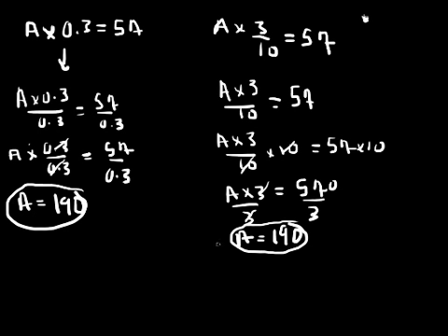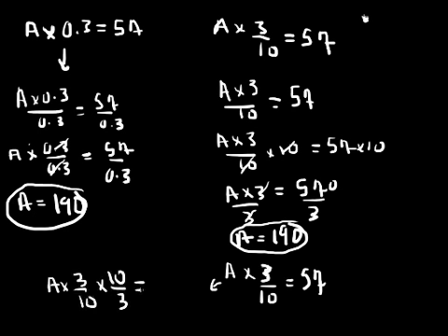Now if you want to skip this whole step, if you just see A times 3 over 10 is 57, and you see that, hey, if I just multiply the left side by 10 over 3, and multiply the right side by 10 over 3, essentially 3 gets rid of 3, 10 gets rid of 10, because they're divisible by each other. So you're just left with A is equal to 57 times 10 over 3. So 570 over 3, which again gives you the same thing, 190.